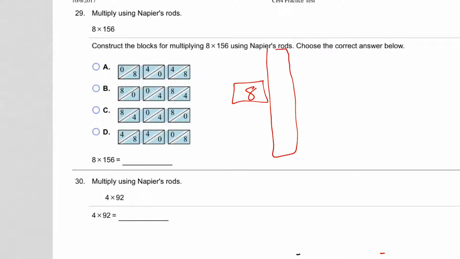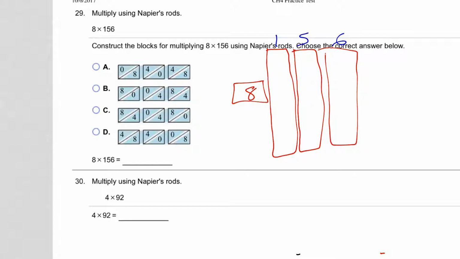So this would be the multiples of 1s. This would mean the multiples of 5. This would be the multiples of 6, and all the way up to 8 down here. You can just do this in your head, right? So this is 8, this is 40, and this is 48. And so our answer is that one. Okay?